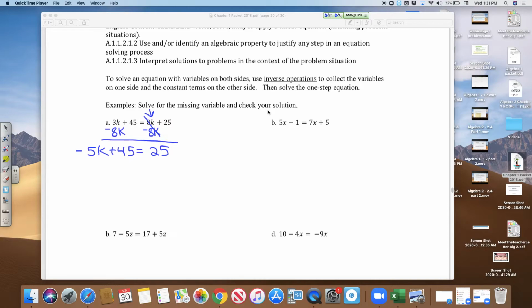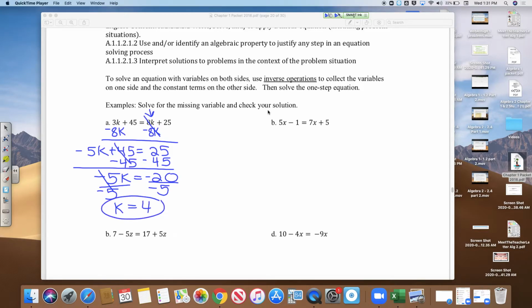Now if I go to solve it this way, I would subtract 45 from both sides. Notice the process looks a little bit different. I'm left with negative 5 times k is equal to negative 20. Now that I have it ready to go like this, I would divide both sides by negative 5.